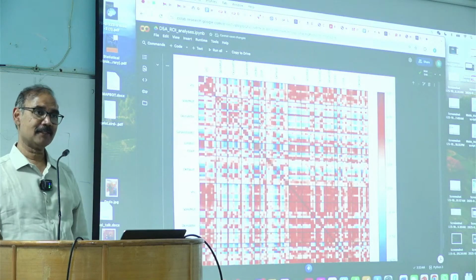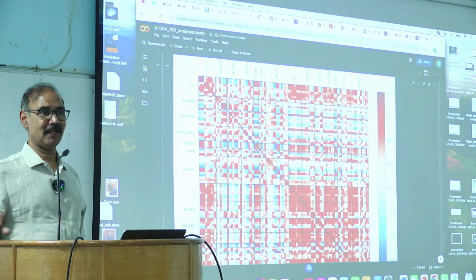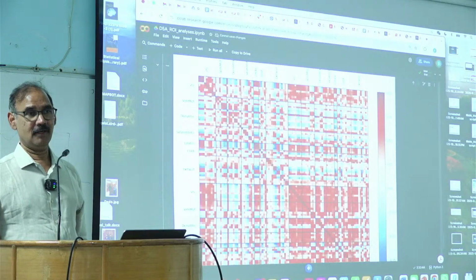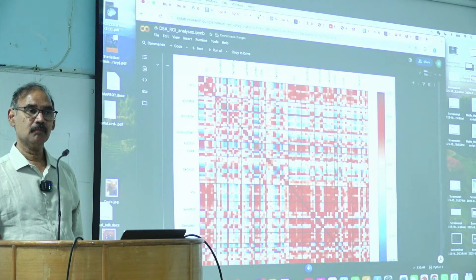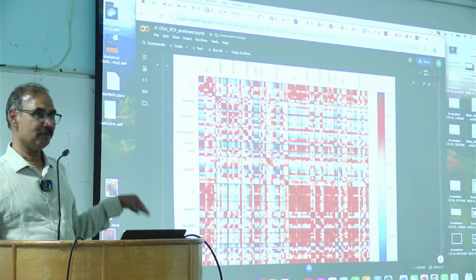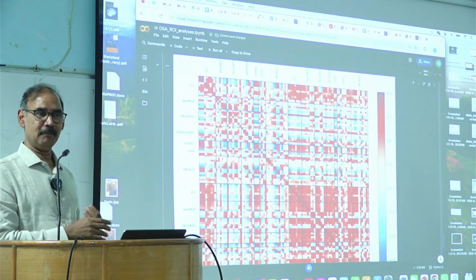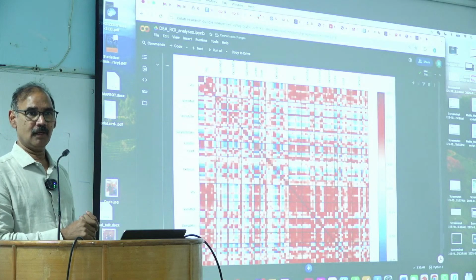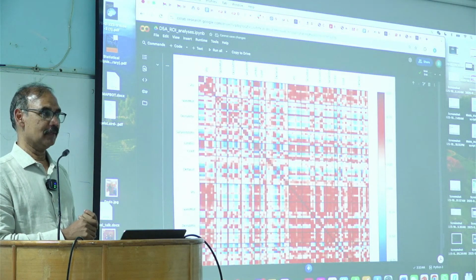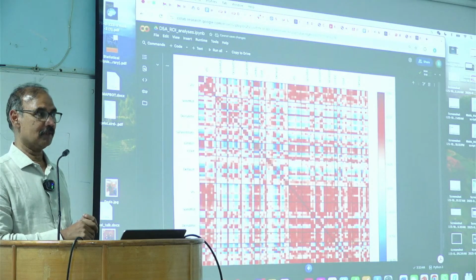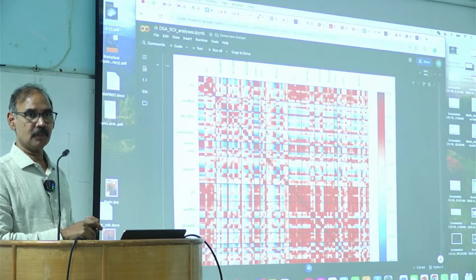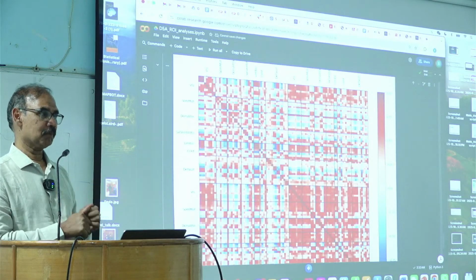This is a matrix. What would be the seed based analysis? In seed based, we have one region where it is correlated. So if I take one column or one row, that will be one seed based analysis.